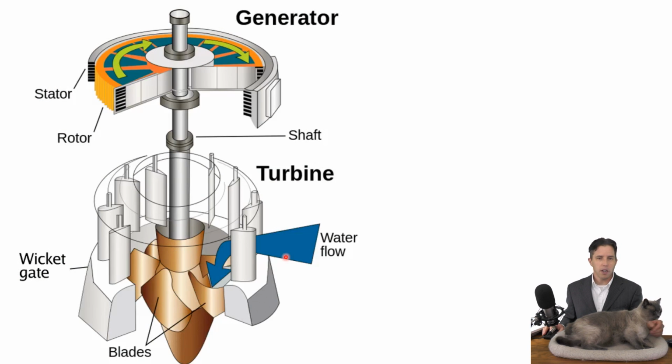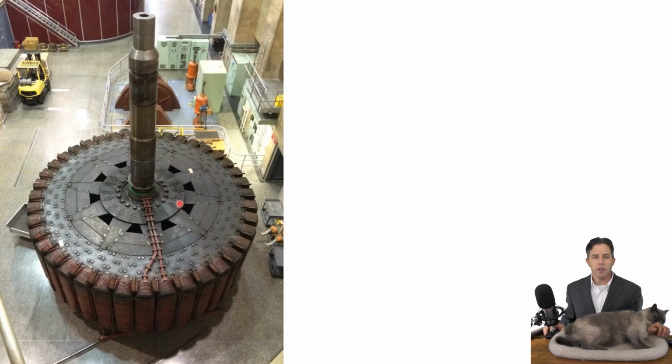And the turbines themselves, they don't look like the steam turbines. In this case, they look like giant boat propellers or something like that. But the water goes through and turns this shaft, which turns this big generator, which in itself has magnetic fields in it that rotate. And this is what one of the generators looks like, taken out of its housing.